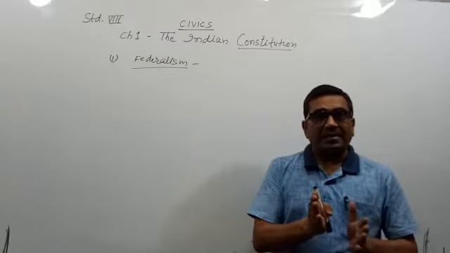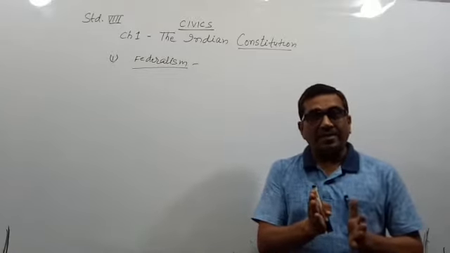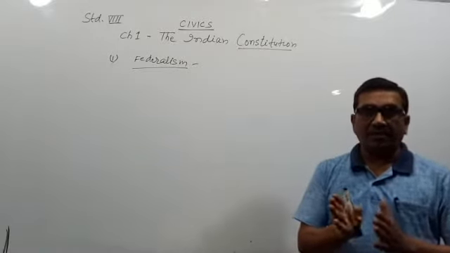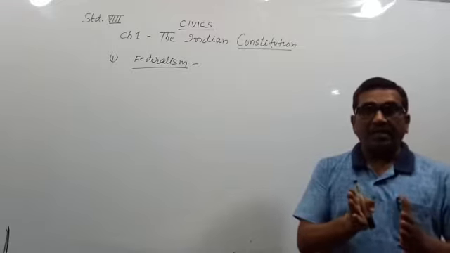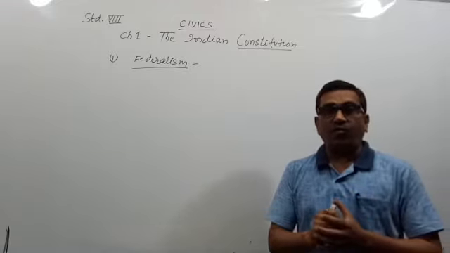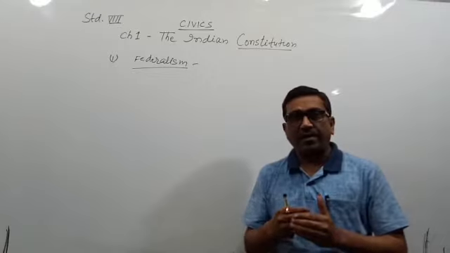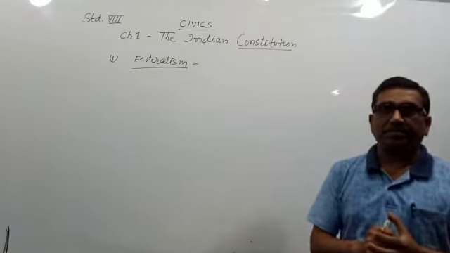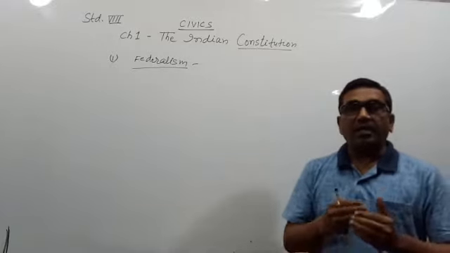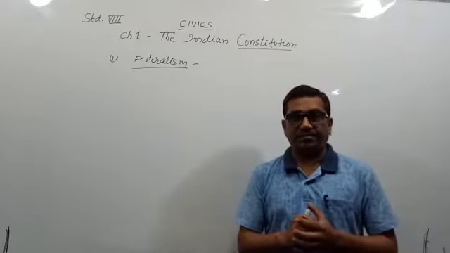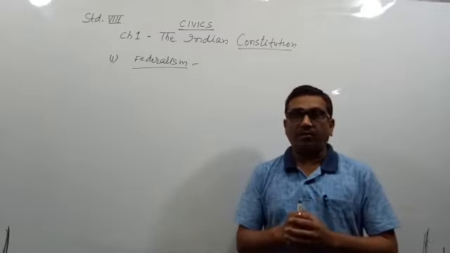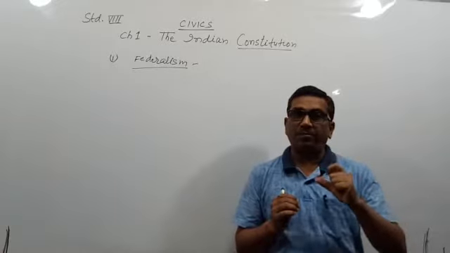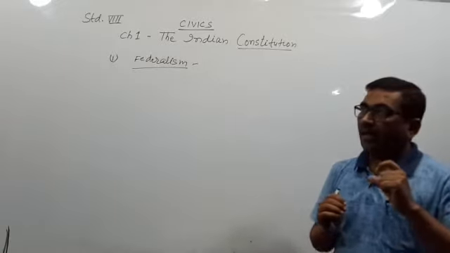Now, from 1993-94 onward, we had another level of government implemented. It was the local self-government. We had the local self-government, but we will talk about the first two levels of government, the central government and the state government.